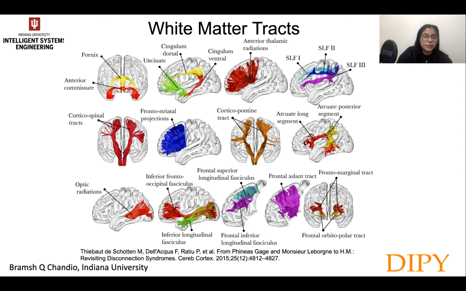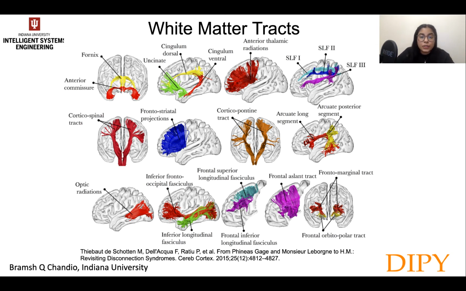This problem is called the unordered streamline problem. And another problem that I was talking about with tractography data is that it's densely populated. So we are interested in looking at specific pathways, specific streamlines that are located at a specific location in our brain. From anatomy and literature, we know that there are almost 100 different white matter tracts that are located at a specific location in the brain, and they also have a specific function associated with them.